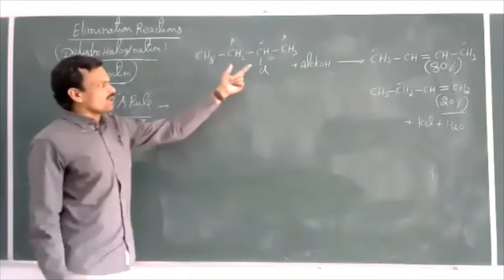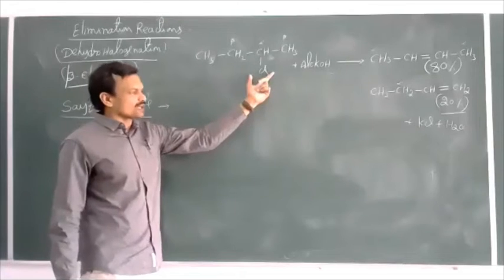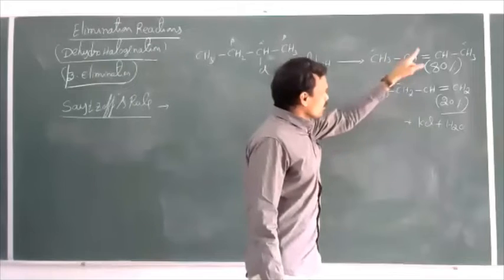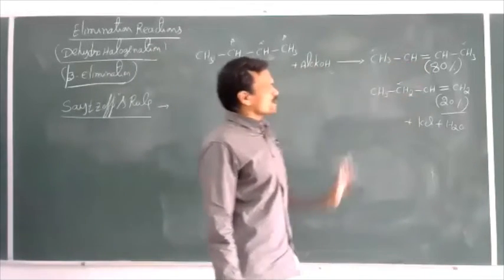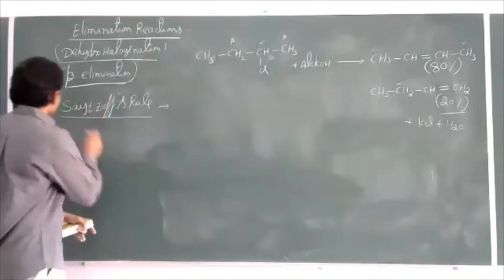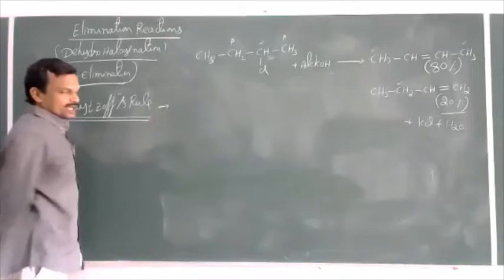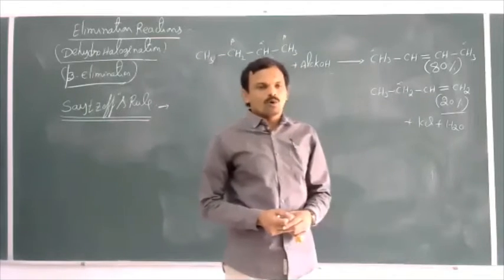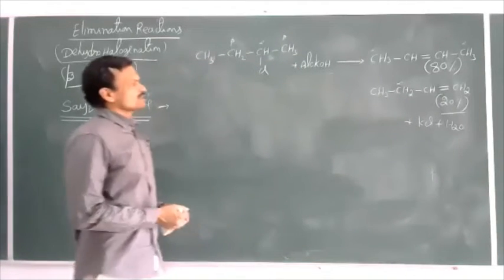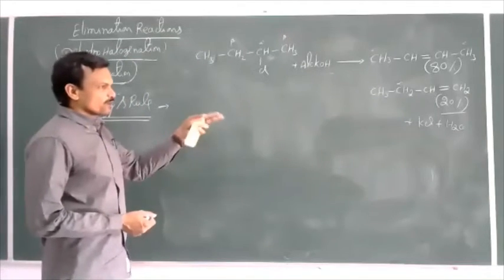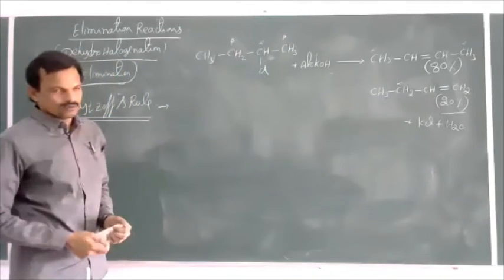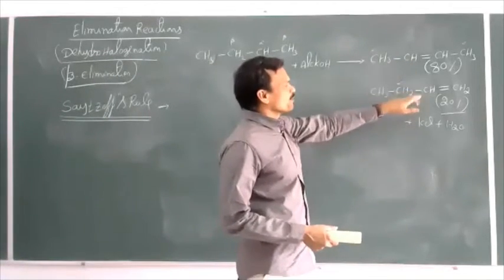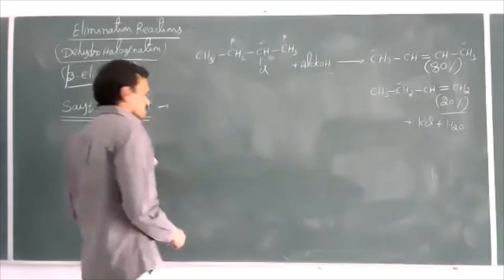That means when an unsymmetrical haloalkane eliminates hydrogen halide, among the alkenes formed, the more substituted alkene is formed as the major product. This is nothing but Saytzeff rule. The preferred product is the more substituted alkene, because more substituted alkenes are more stable than less substituted alkenes.